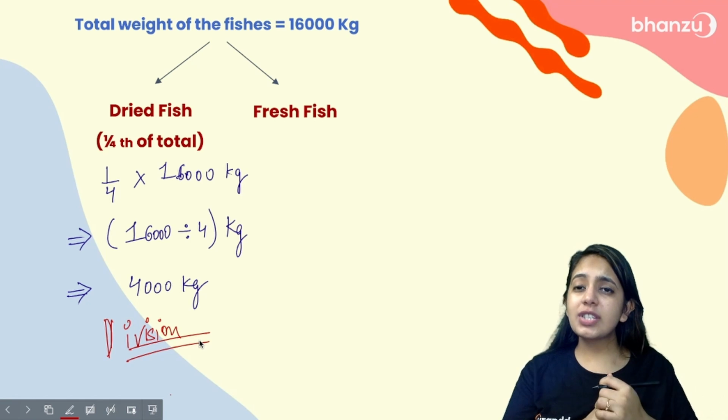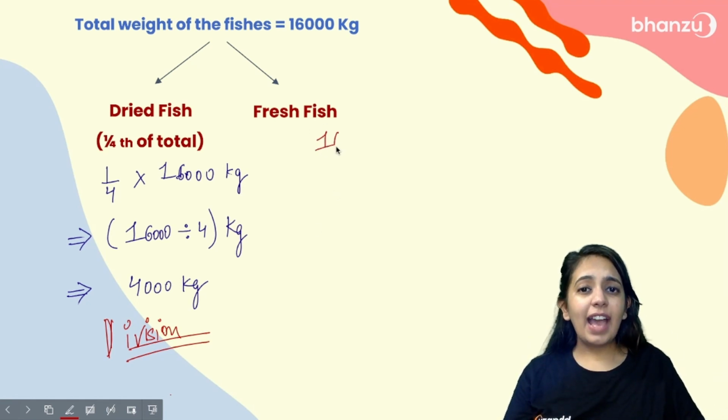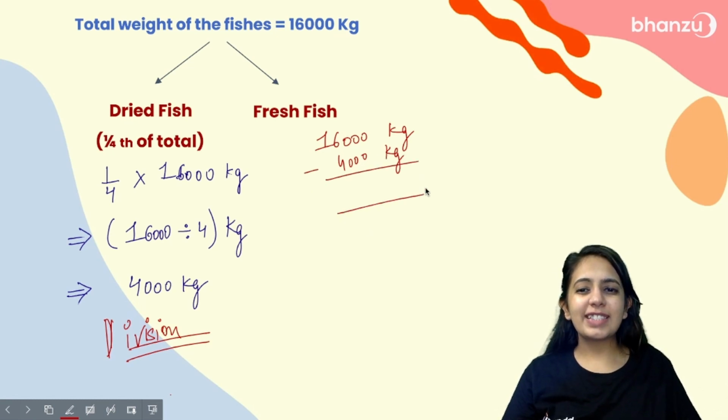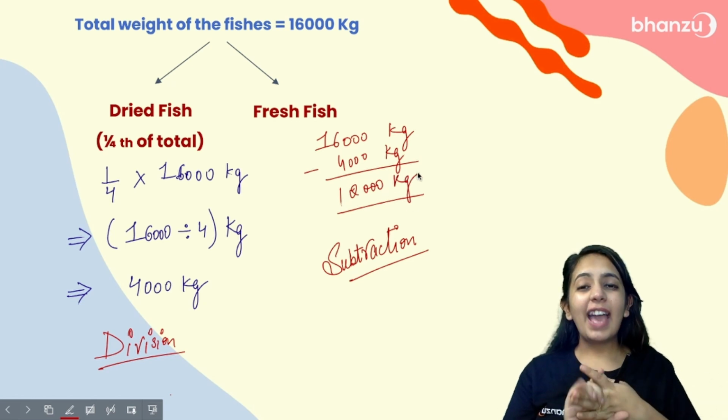Again for the fresh fishes, what we can do is, total we have is 16,000 kg, correct? And from that 4,000 is already gone. So how much is left? For that we use the concept of subtraction. With that we will get 12,000 kg as the answer.